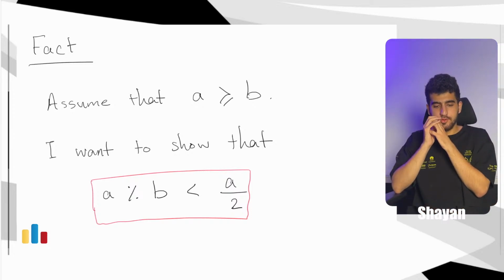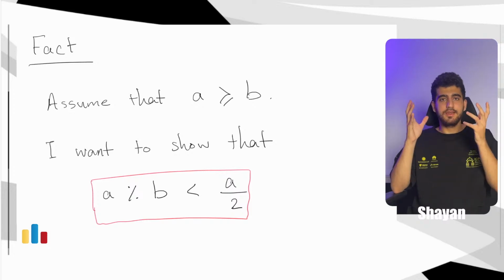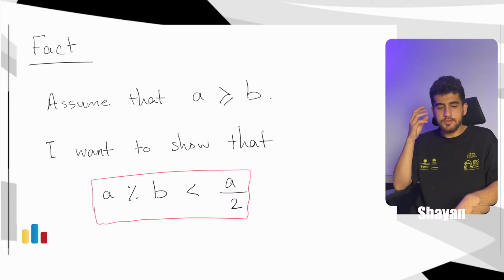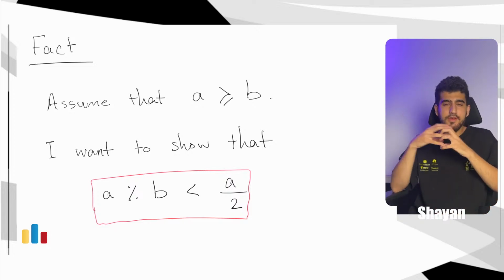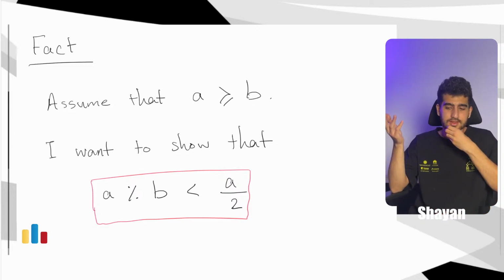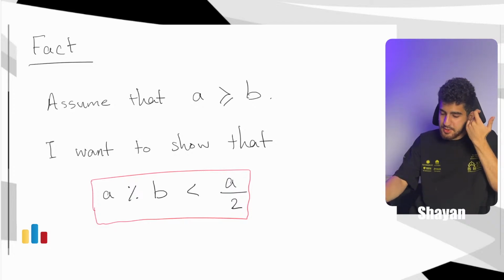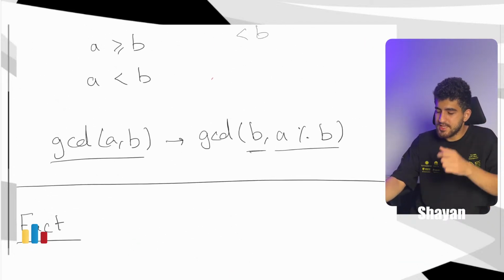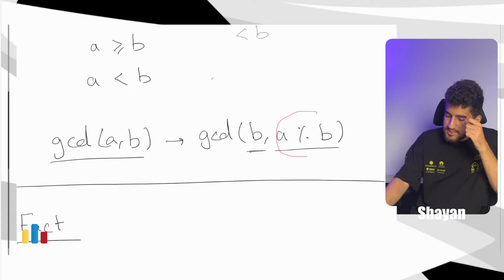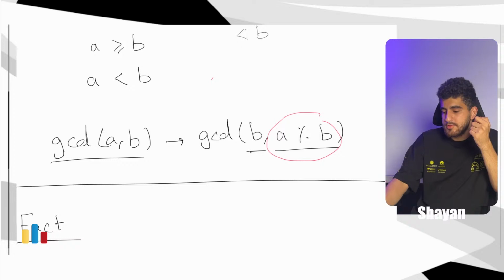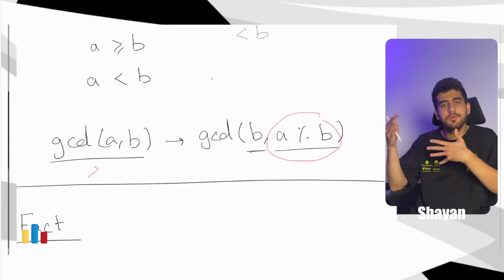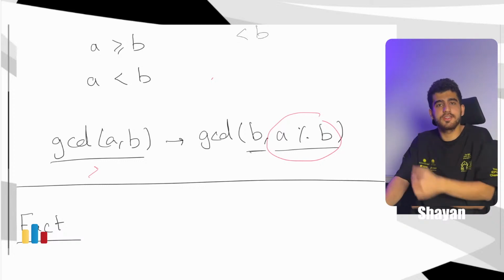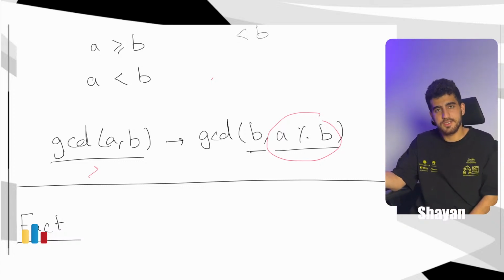So when you have two numbers, A and B, when you calculate A modulo B, A will be reduced at least by half. A will lose at least half of it. It is very important because intuitively it shows that, in the first step we are not sure that A is greater than or equal to B, but the good point is that from the second step forward, we are sure that the first number is greater than the second number.